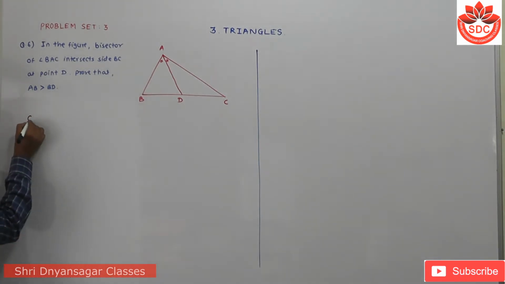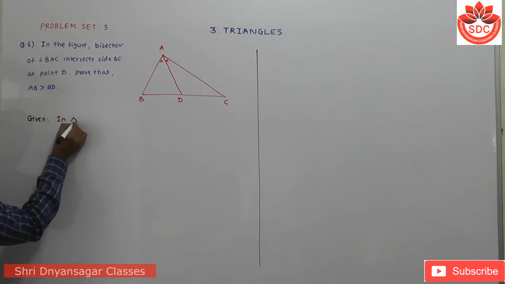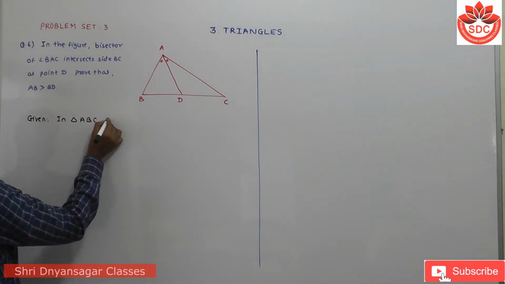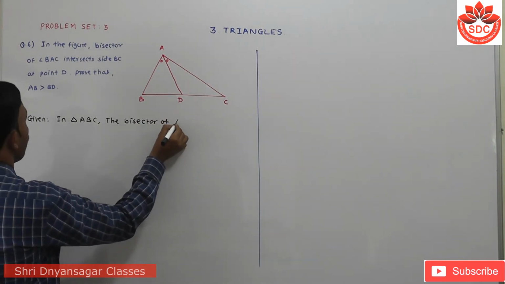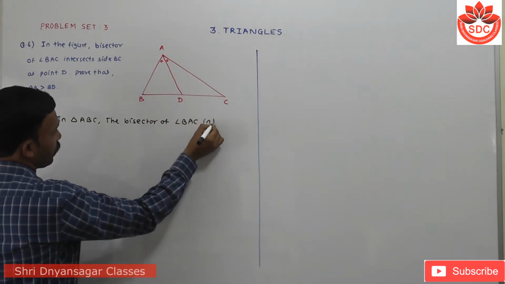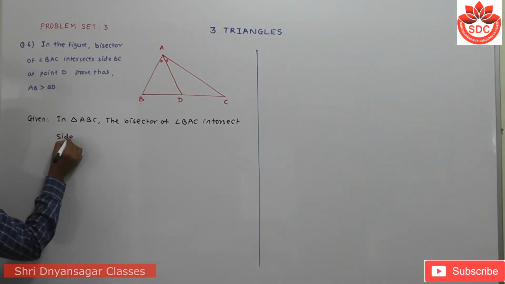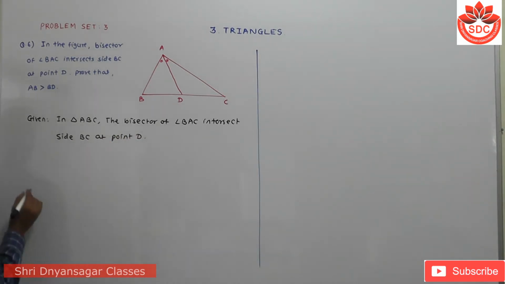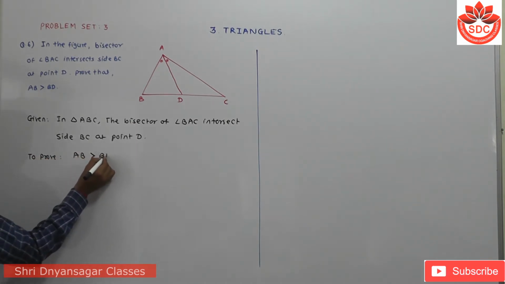Now for this I have to write, it's given: in figure, in triangle ABC, the bisector of angle BAC intersects side BC at point D. Then to prove is that AB is greater than BD.